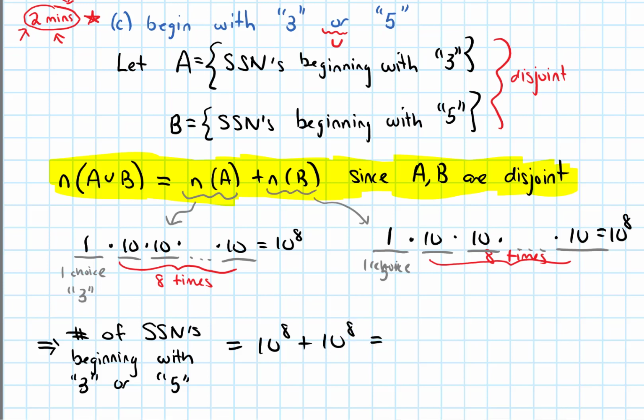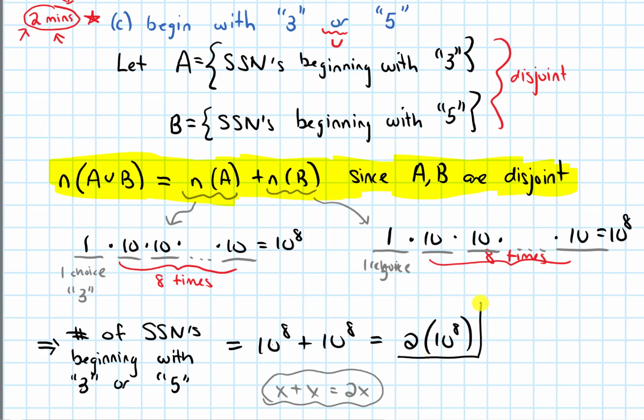And if I wanted to simplify this, this is kind of like doing x plus x, something plus itself, which is 2x. So in that way, 10 to the 8 added to itself would be 2 times 10 to the 8. And that's my answer. If the question asked me to simplify this and work out what the number is, I could go ahead and do that with a calculator, but I will go ahead and leave it like this.